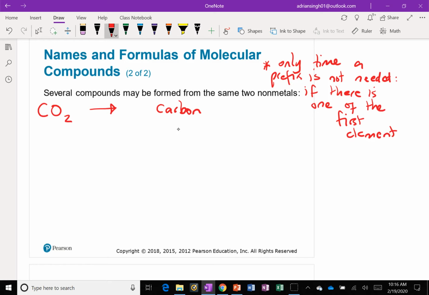It's just the first one, and there's only 1. What's oxygen as a last name? Oxide. How many oxygens do we have? 2. Prefix for 2 is di. So carbon dioxide would be the name for that. Carbon can also combine with oxygen in a different ratio.